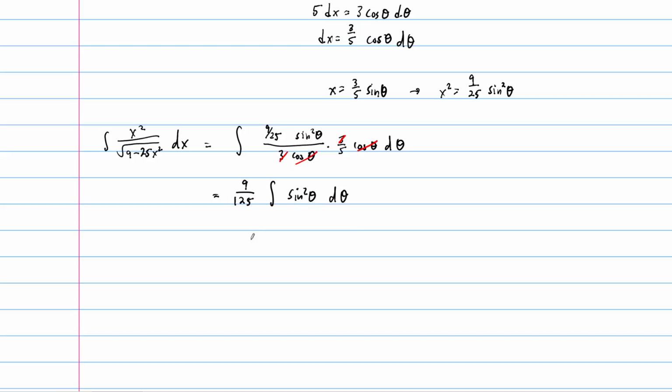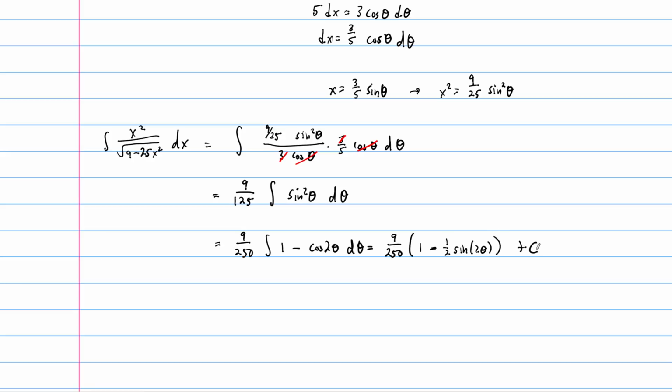And we can compute this by, once again, power reducing or the double angle formula. So this is going to become 9 over 250, you get a 1/2 factor, times the integral of 1 minus cosine of 2 theta. And this then just gets worked out. So 9 over 250 times theta minus 1/2 sine of 2 theta.